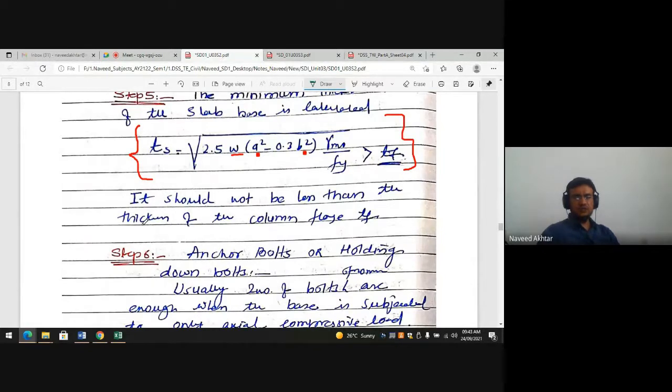But it should be noted that if the thickness of plate required is greater than TF, then we provide TS by rounding up to a suitable size.